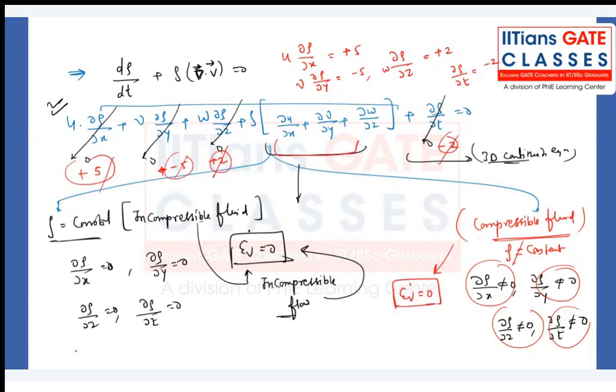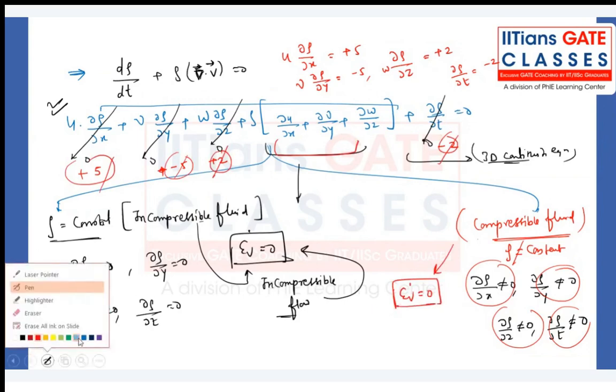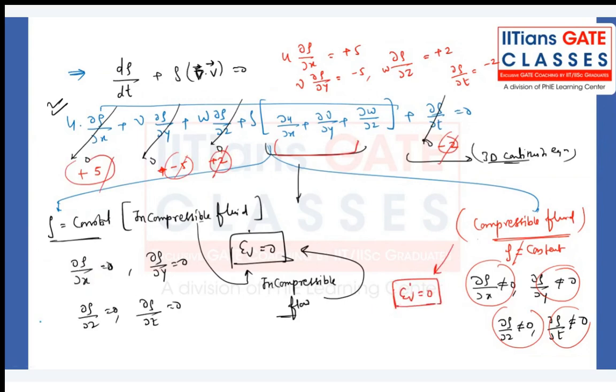So what you are arriving at as the conclusion is that whenever you have incompressible flow, it can have both possibilities. It can be a compressible fluid, it can be an incompressible fluid. In examinations, they just want to avoid the one condition that we have discussed just now.